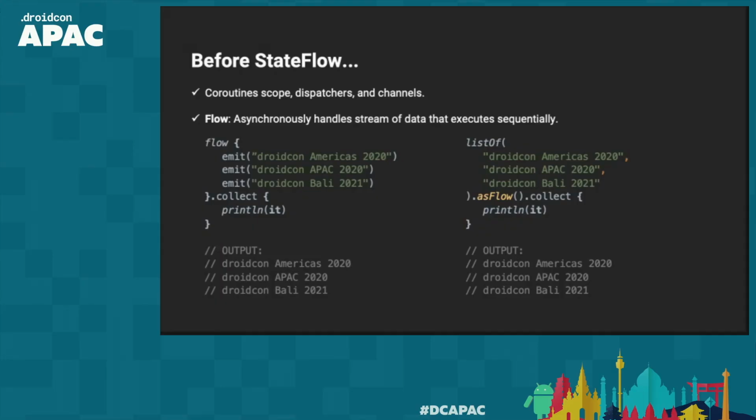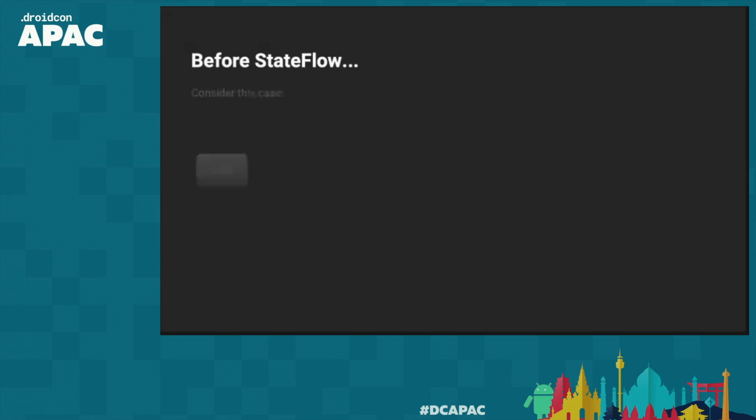But now the question is, can we use what Coroutines has so far to provide state management? Let's consider this case. Let's say we have a feature which starts with an initial state.